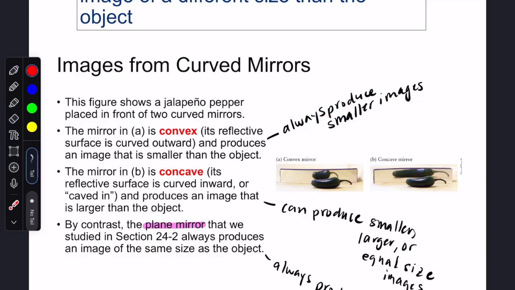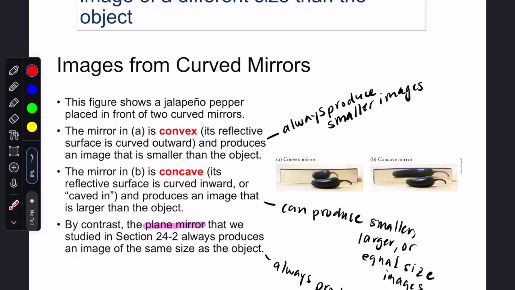Concave mirrors, well, there is no general rule. They can produce big, small, or equal size images depending on where you place the object. But for our purposes, the way we use concave mirrors is we use them always to blow up the image, okay? And so there's going to be a certain regime where we need to put our face or our object in order to blow it up in the concave mirror, right?